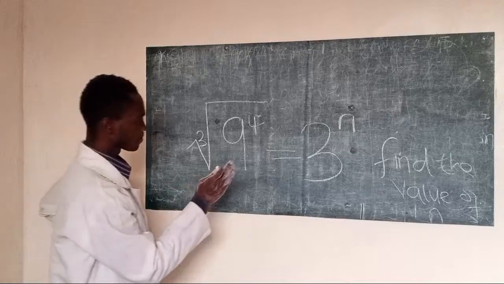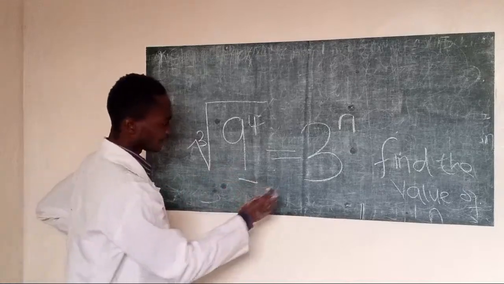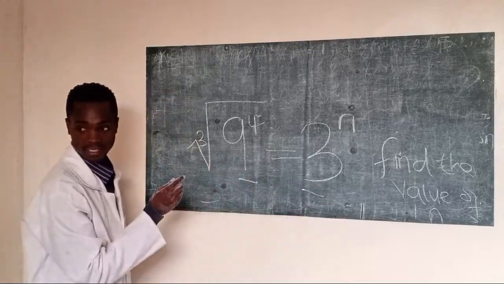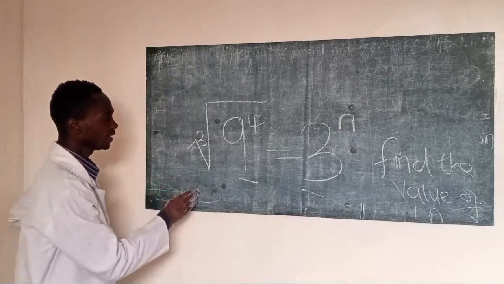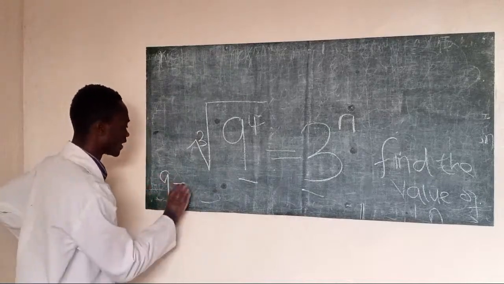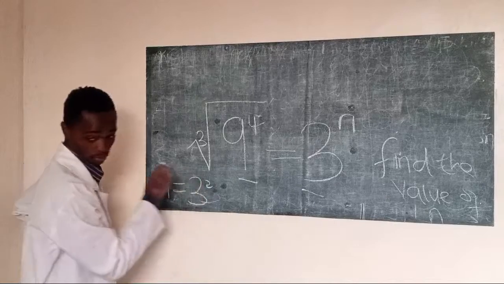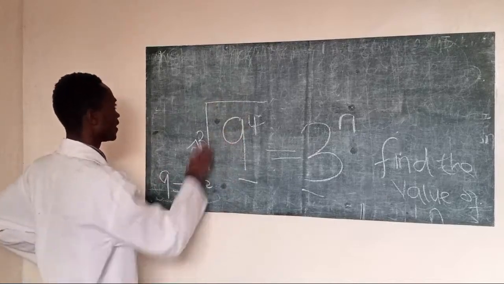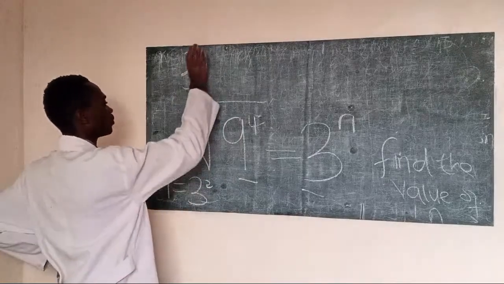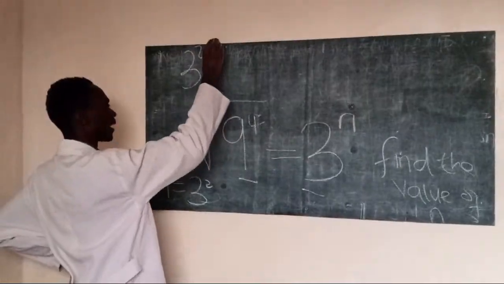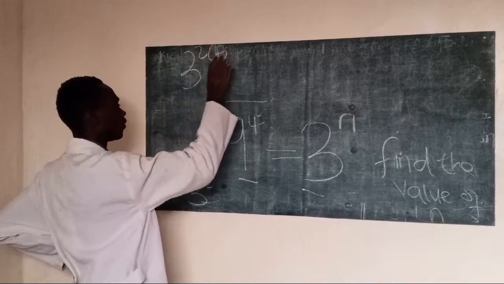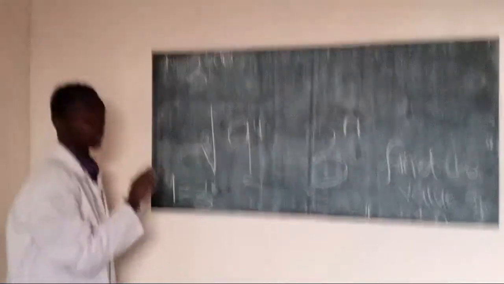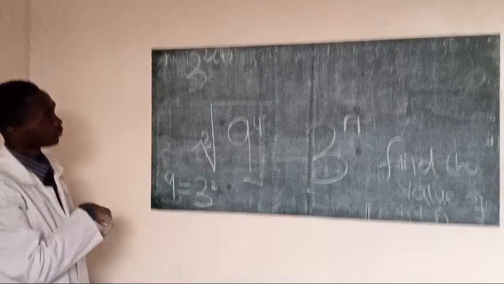Can I express 9 in terms of 3? Yes. 9 is equal to 3 to the power 2, isn't it? So I can say 3 to the power 2 multiplied by 4. Cube root.